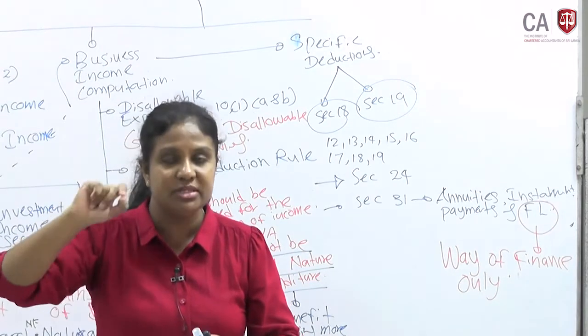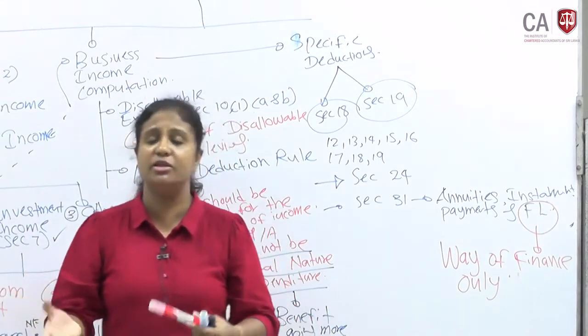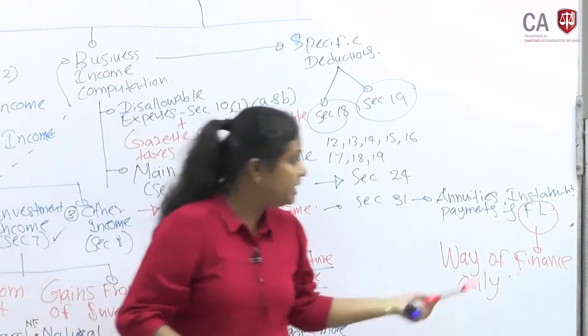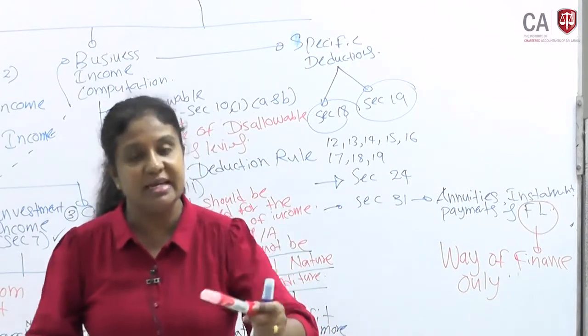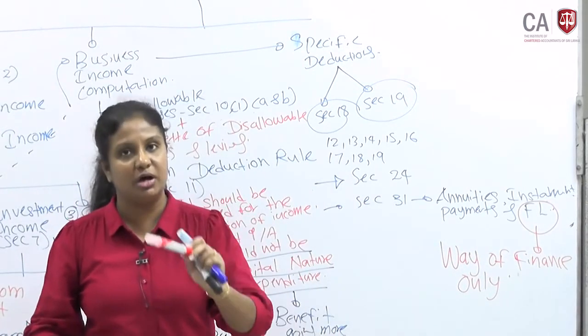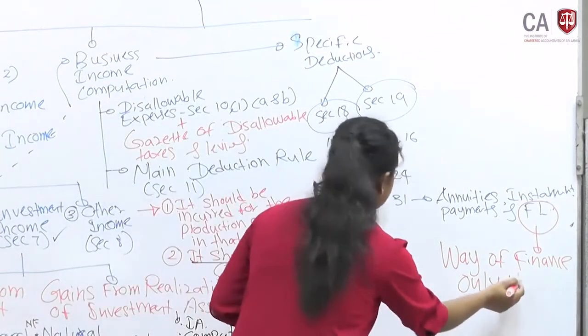Why have I used the wording permitted? Maybe it's a motor vehicle for travelling purposes, you cannot claim the capital allowance. Then the previous provisions are not applicable for the lease assets acquired under lease agreements entered into on or after 1st April 2018. That is why this is important.